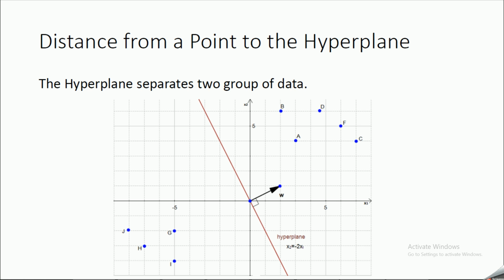So, how do you calculate the distance from a point, this is your point in blue, to the hyperplane which is in red? The hyperplane, as I told you all, separates the two data groups. So, in this case, w is nothing but the vector. The hyperplane is given by x2 = -2x1.